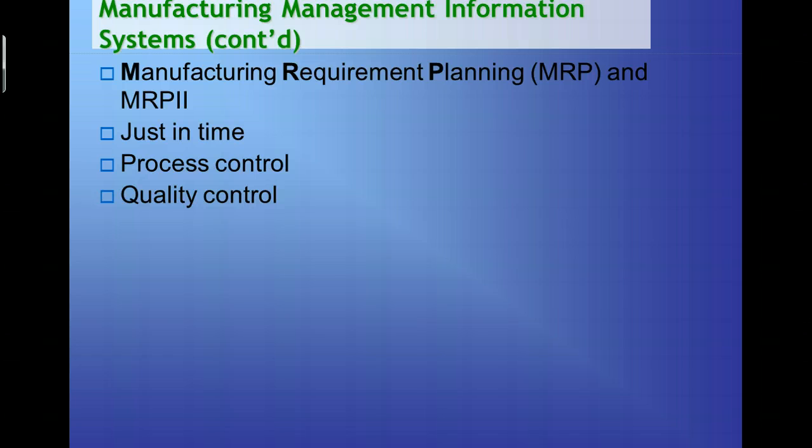Now, another inventory technique used in manufacturing is called materials requirements planning. This is where we have a finished product, for example, a car, and then we work backwards as to what is needed to produce a car. For example, to have a car, we would need tires, we would need windscreens.